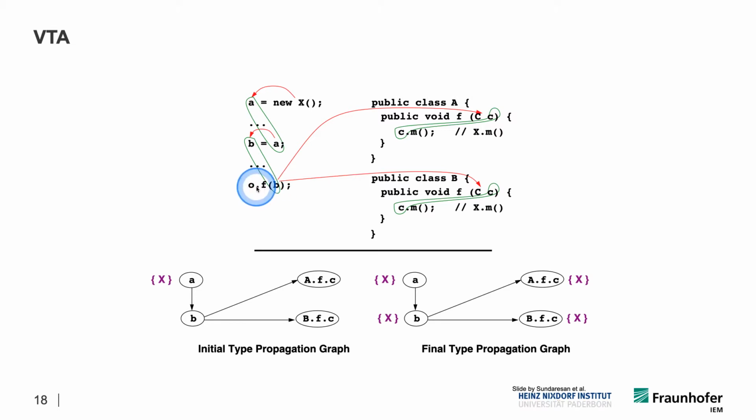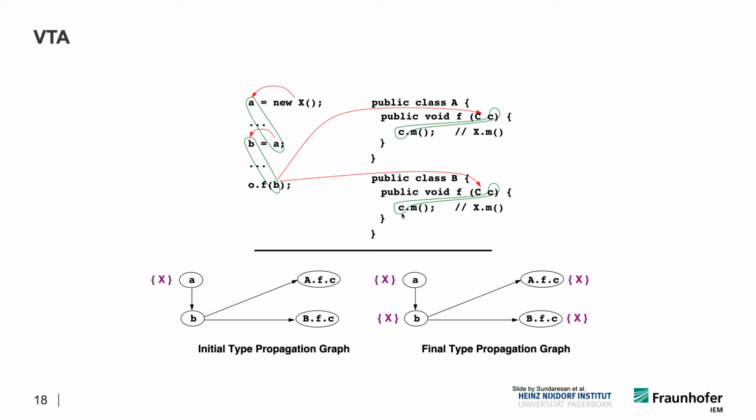to a call O.F. So this call here can be a polymorphic method call in itself, right? And that means it can go to this particular implementation of F here, but it can also go to this particular implementation of F there. And so this means that this X object may end up being assigned to this C parameter, but also to this one down here.